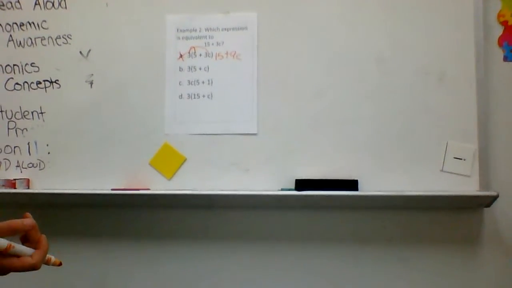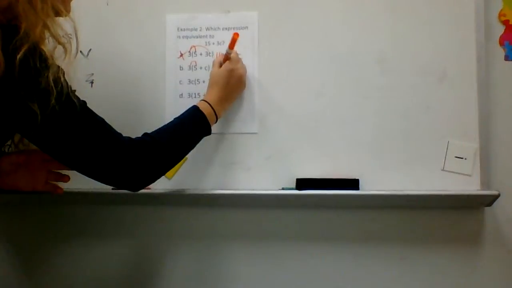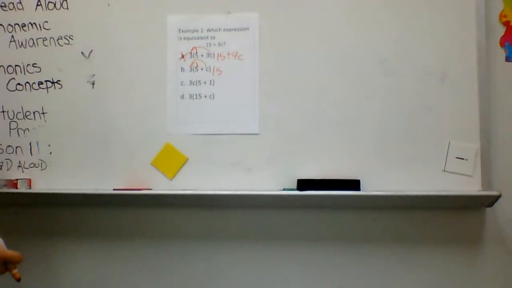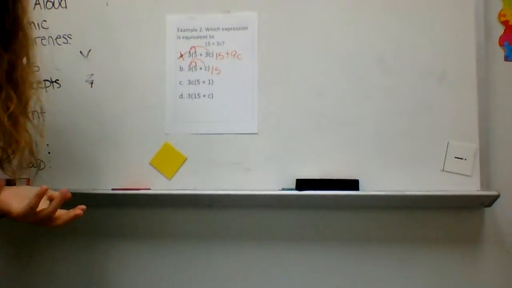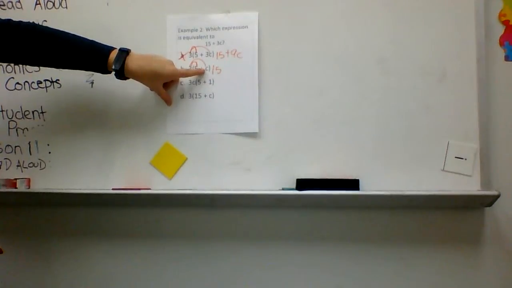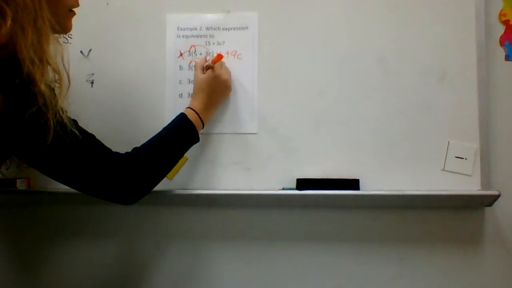Let's try B. 3 times 5, that gives me 15. And now I have 3 times c, and I'm not quite sure how to do that, but what I can remember is that c has an invisible coefficient. The coefficient that is in front of c is actually a 1.